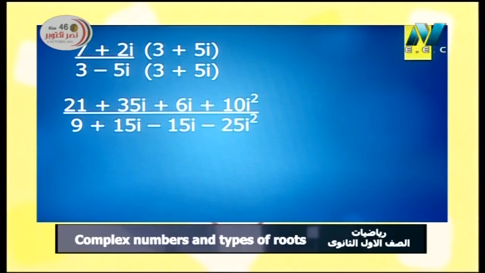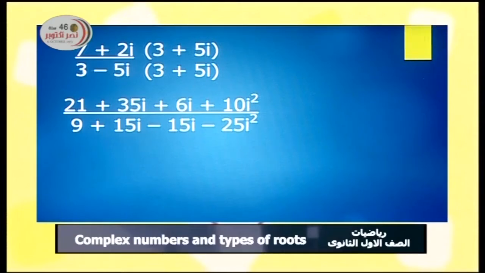We will multiply 7 by 3 first, equals 21. 7 multiplied by 5i equals 35i. 2i multiplied by 3 equals 6i. 2i multiplied by 5i equals 10i squared. And don't forget that i squared equals negative 1.